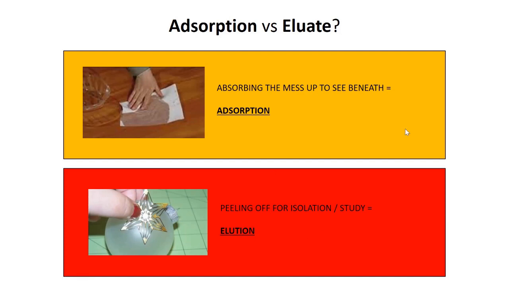An eluate is about peeling off what's bound to the patient's red cells and studying exactly what it's binding to by running that new suspension against reagent red cells. So the emphasis of an eluate is informing what we know of the patient's current red cell attack story.